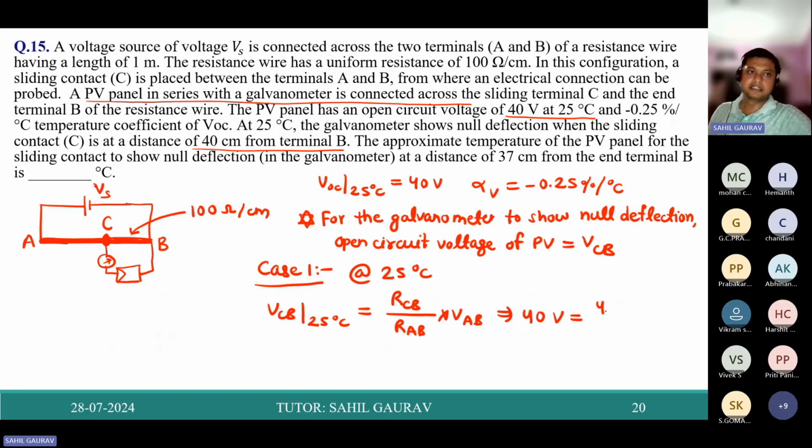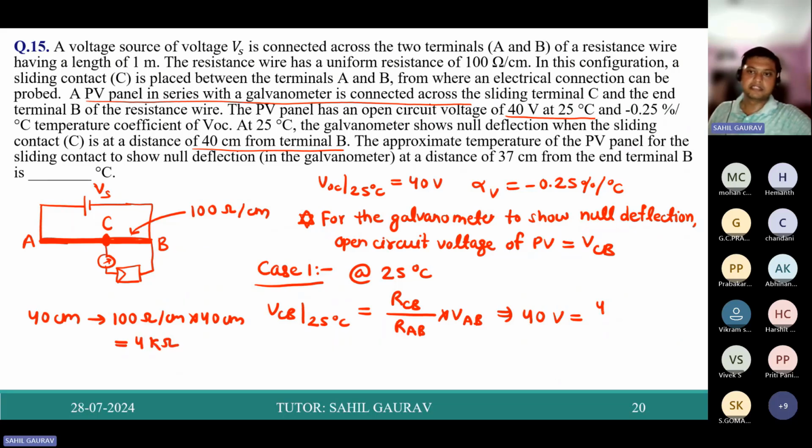RCB is 4 kilo ohm because the sliding contact is at a distance of 40 centimeter from terminal B, so 100 ohm per centimeter into 40 centimeter gives you 4 kilo ohm.